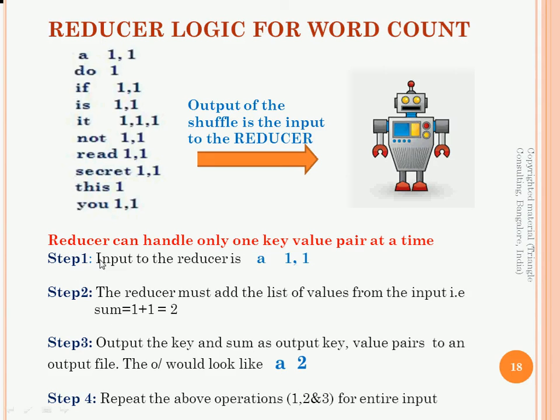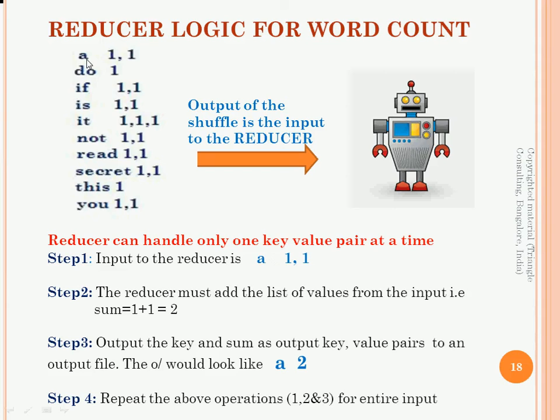Step 1. The input to the reducer is going to be one line at a time from this file. The left hand side, the output of the sort and shuffle phase, is a separate file. So one line at a time is given to the reducer. The first input to the reducer is going to be the first key value pair.